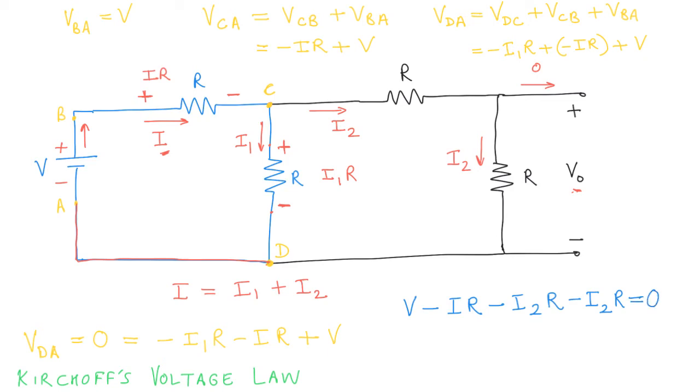So that's Kirchhoff's voltage law as applied to this outer loop, which we were calling loop 2.